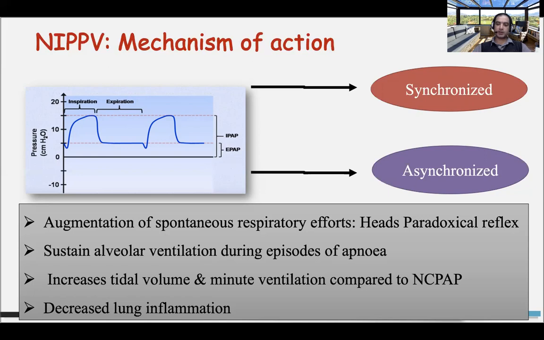This reflex is important to generate FRC and is predominantly seen within the first 1 or 2 days of life. Also, because of the higher pressures, that is PIP, it leads to sustained alveolar ventilation and establishment of FRC. Also, in a few of the studies, it has been shown to increase the tidal volume, especially with synchronized forms of NIPPV, and it decreases lung inflammation.